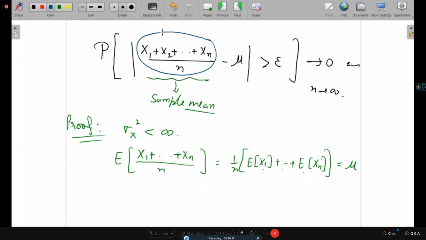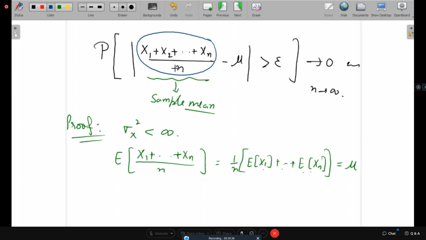If you work with this data, this will denote the sample mean. And this mu is the original mean.